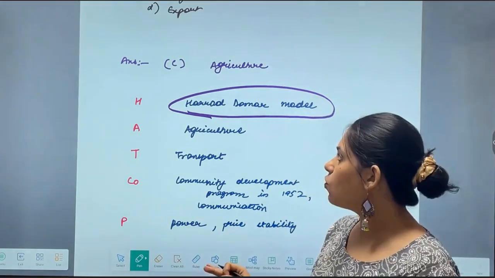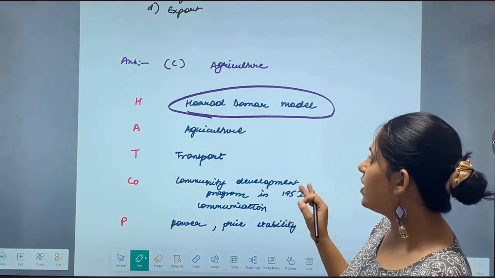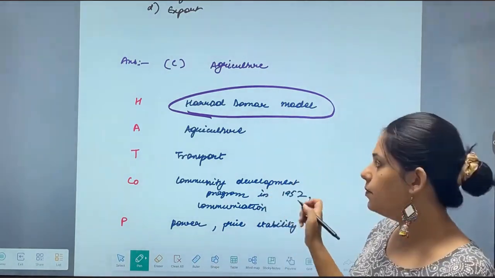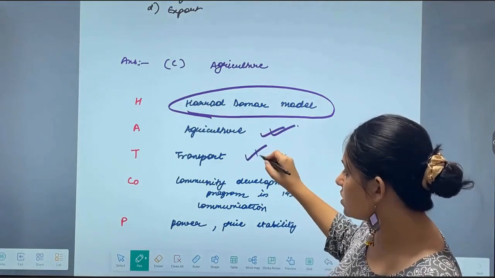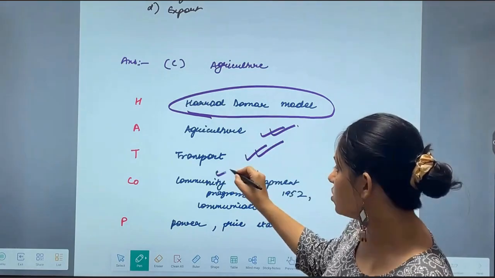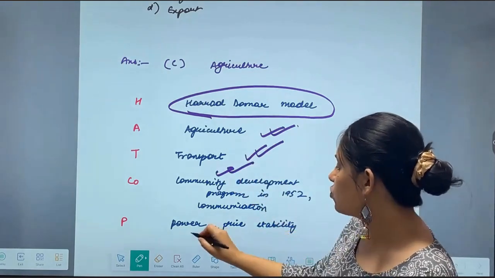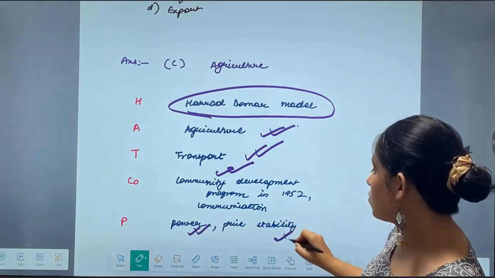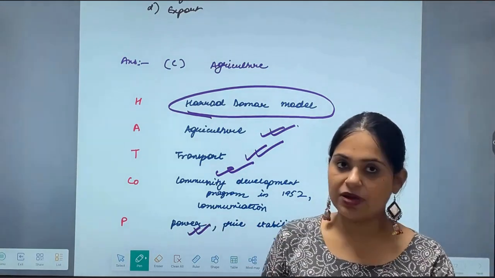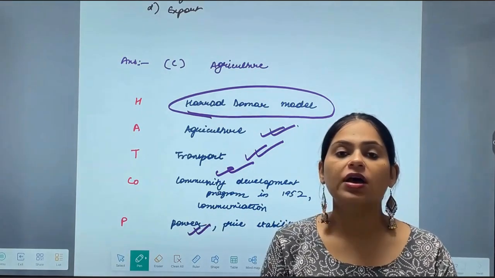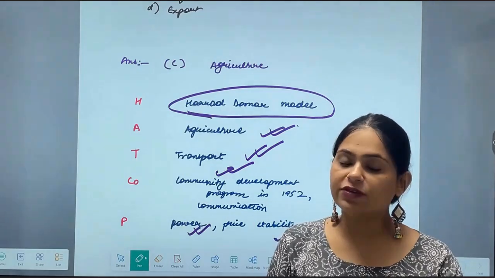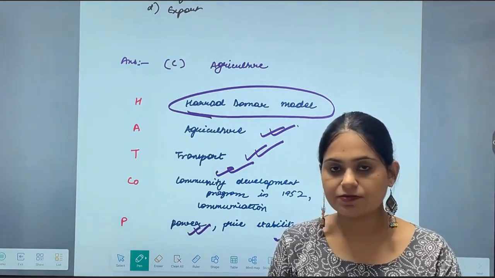So the focus of the first 5-year plan was the Harrod-Doman model. We were focusing on agriculture, transport, community, power, and price stability.